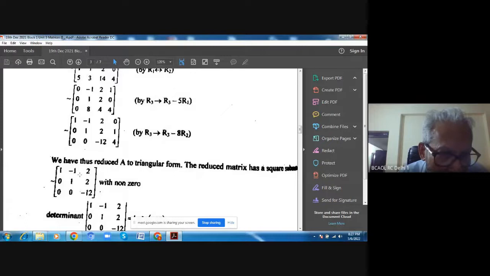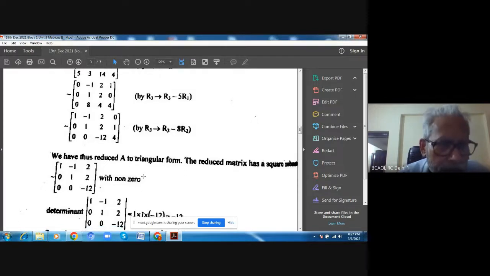Actually, these are all sub-matrices. Suppose 1, 2, 0, -12, that is one of the square matrices. We can say it is a sub-matrix, meaning there is a main matrix, and within this some sub-matrix. And again, the determinant of the sub-matrix should be non-zero in the case of identifying the rank.